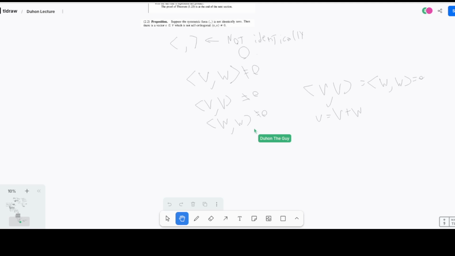Now, what are we going to be doing with this? We're going to be expanding u with u bilinearly. This is going to be equal to v plus w with v plus w. By the way, remember the operation is symmetric, so we can change these places. Okay, one second.